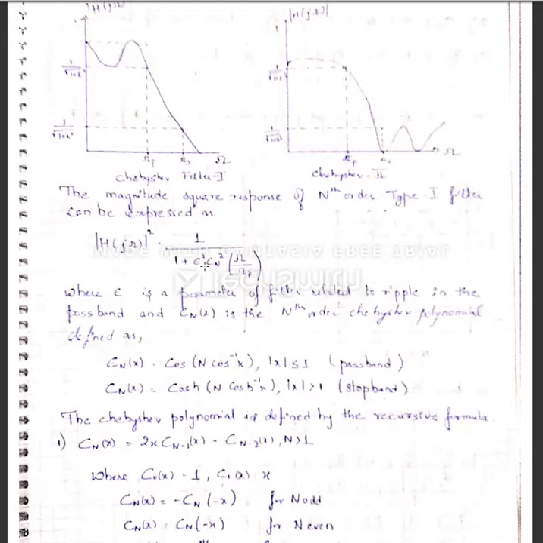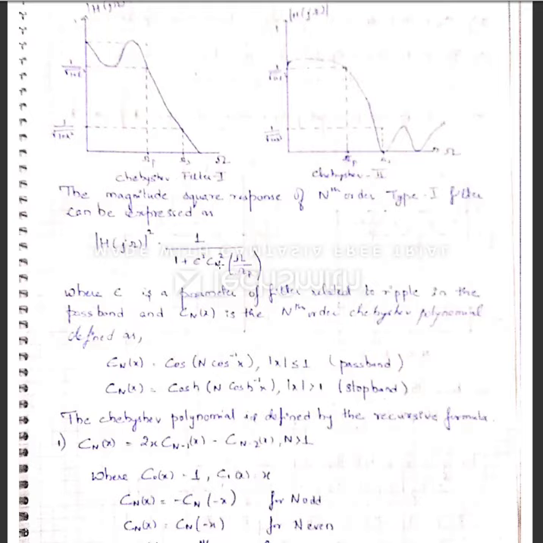And this Cn whatever you have, this is the nth order Chebyshev polynomial, whatever the value of n.